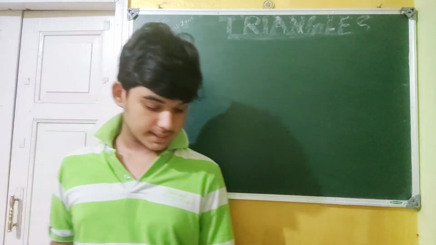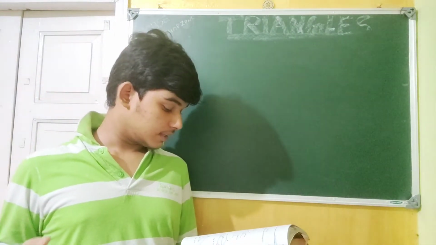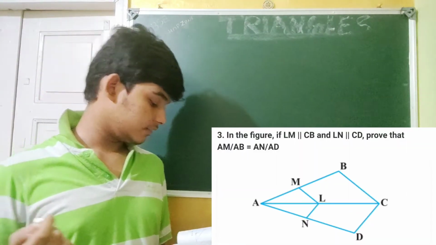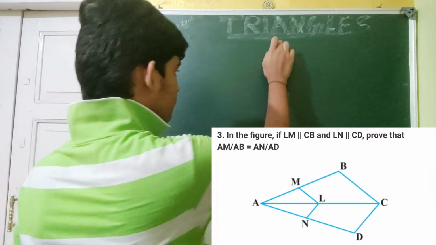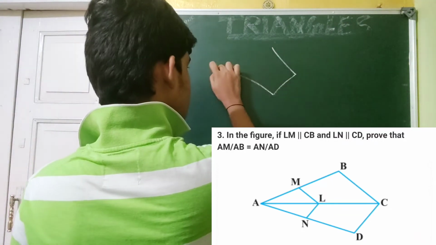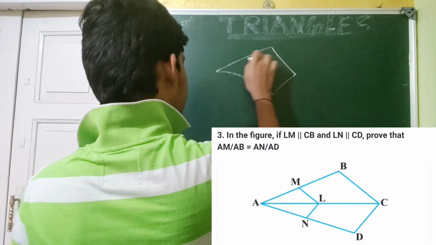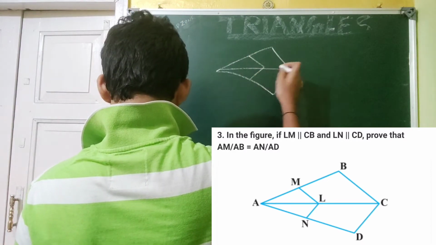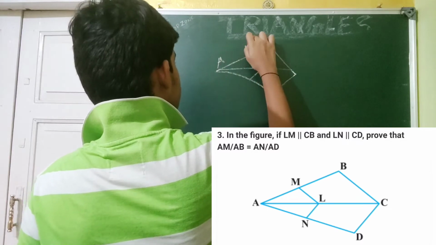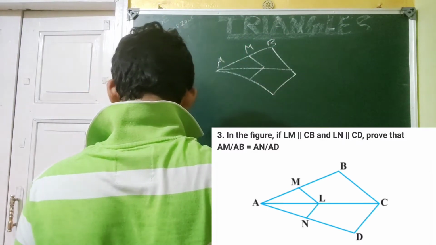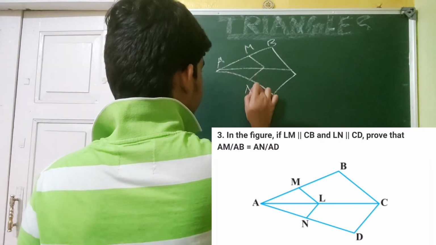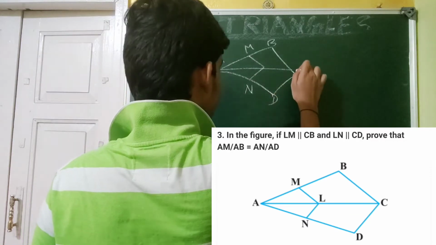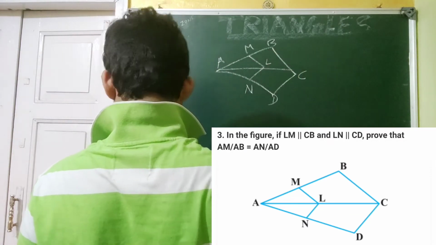This sum states that in fig 6.18, so let me write this up pretty quick. AMB, AND, CL.